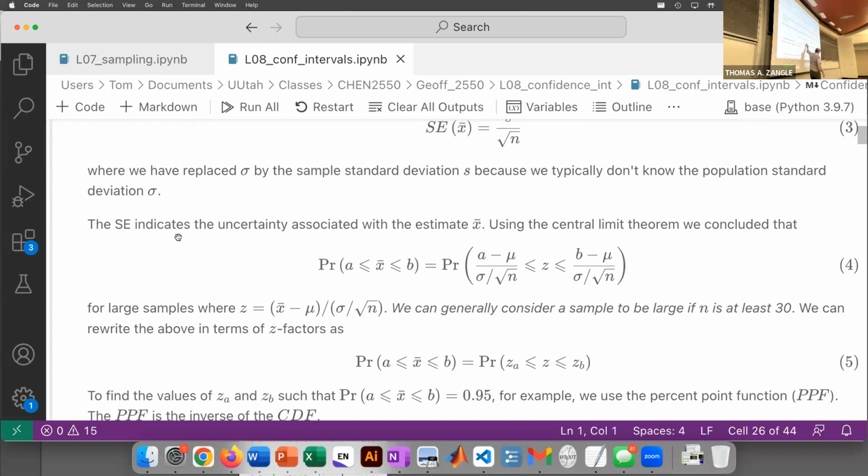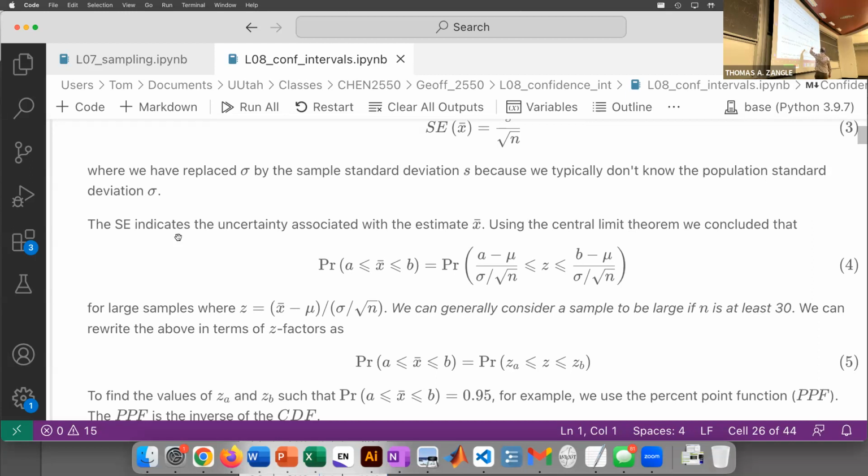Related to that uncertainty, we said that when we have large samples, typically n of at least 30, the distribution of sample means will be approximately normally distributed, with the mean equal to the population mean and a standard deviation equal to the standard error, sigma over square root of n.